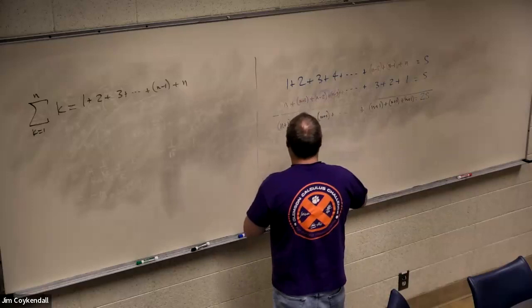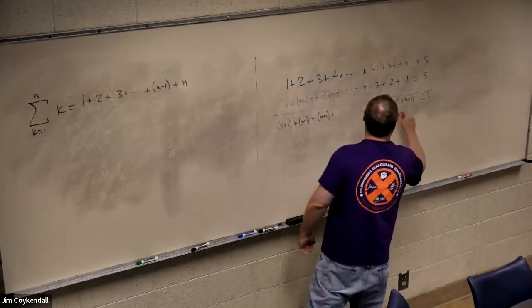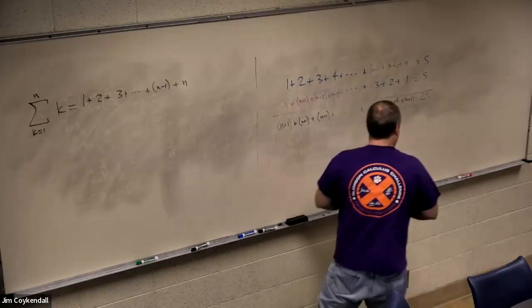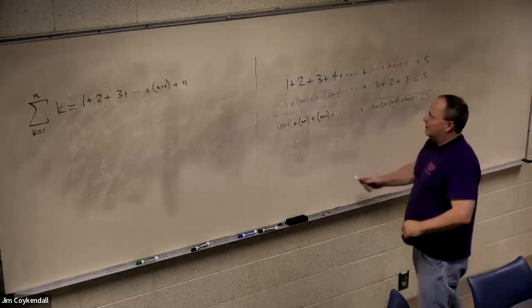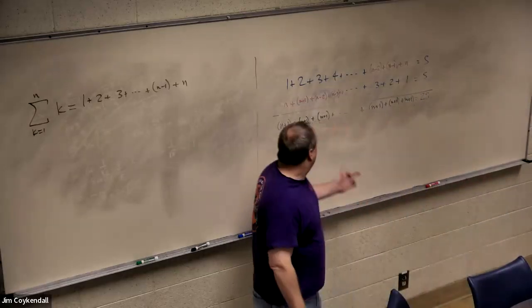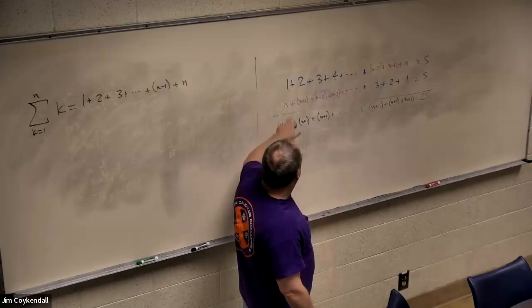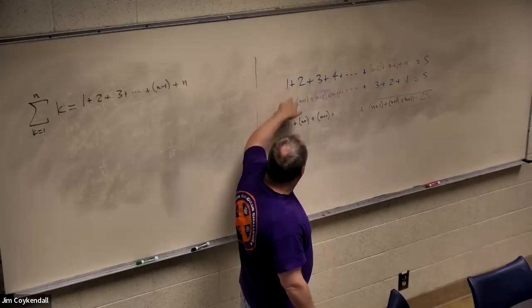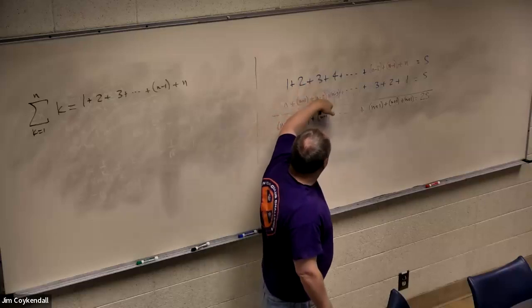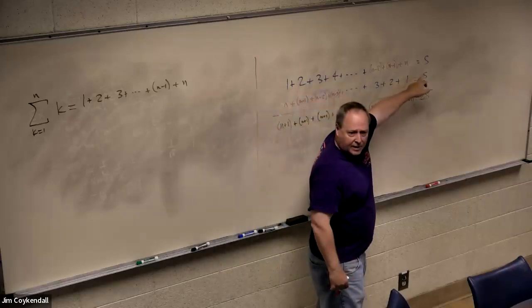How many of these do we have? Well, there should be one for 1 plus n, 2 plus n minus 1, and so on. There should be n of them.